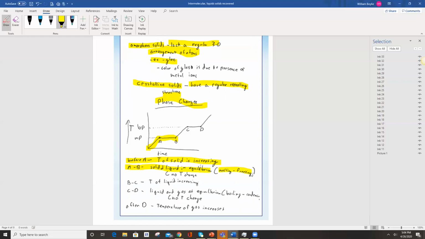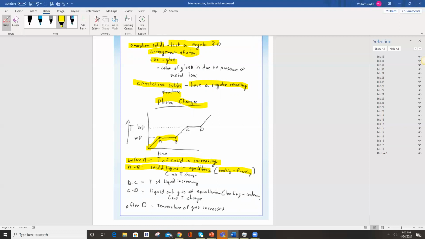And what you really want to notice about this is that it's flat. There's no temperature change happening here. The reason there's no temperature change is that even though we're still supplying heat, that heat is going into that phase transition. That's why it's flat.